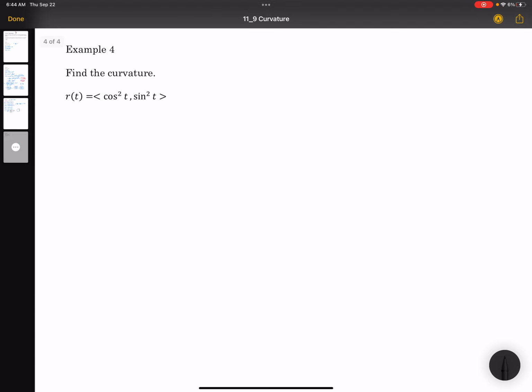And for our last example, we're going to find the curvature for cosine squared t, sine squared t. So our derivative is 2 cosine t times negative sine t and 2 sine t cosine t.